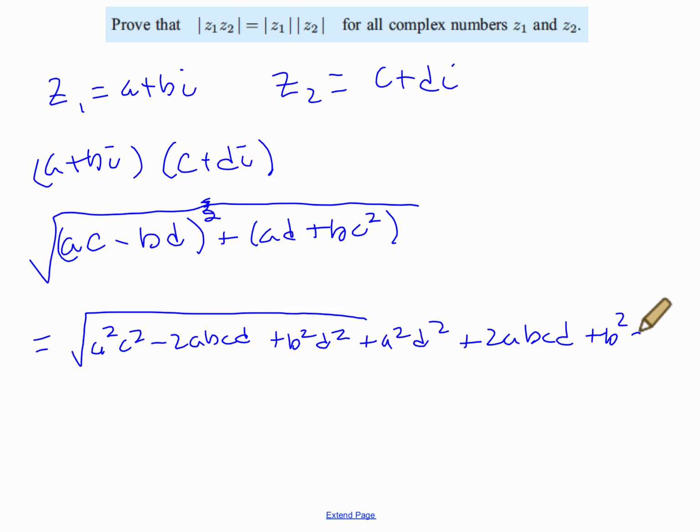A lot of fun algebra there. And let's extend that square root. That's pretty terrible.